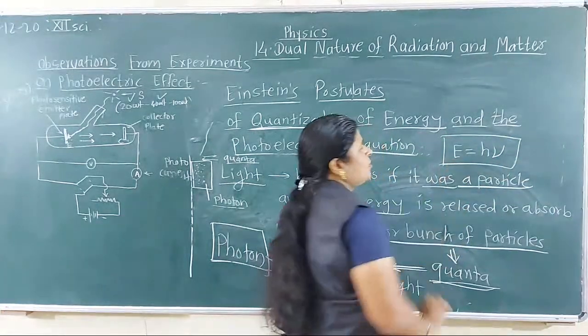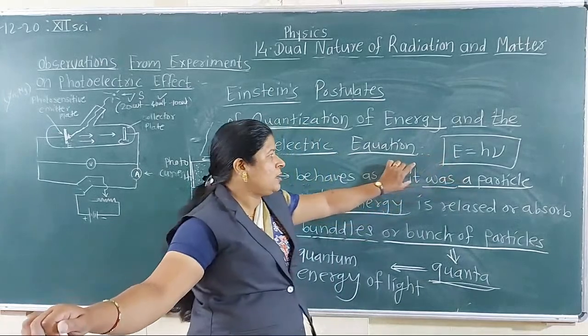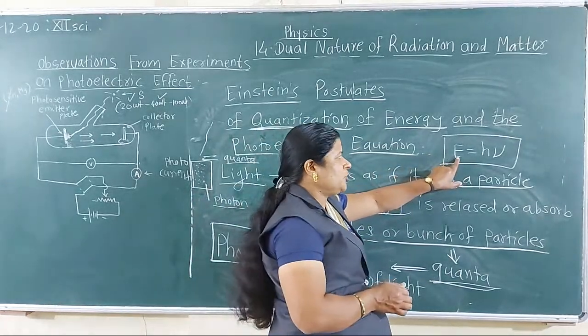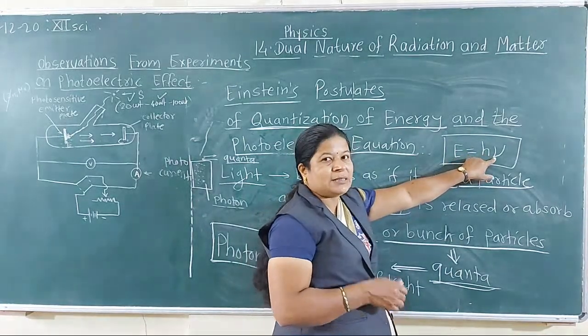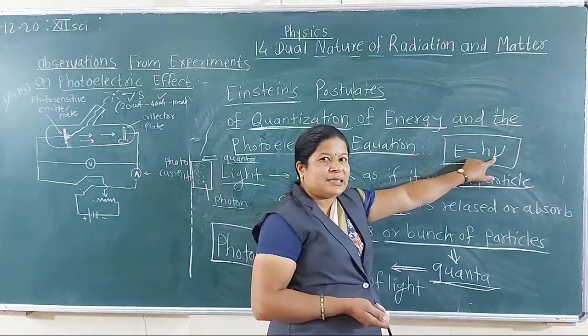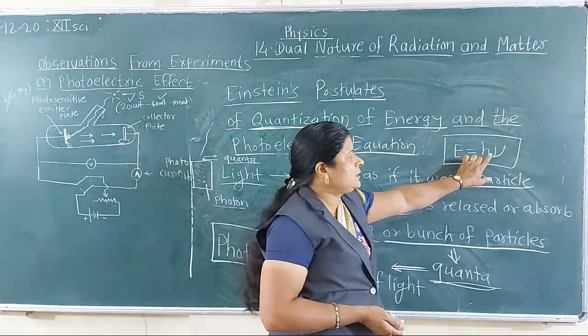E is the energy of the quantum. Nu means the frequency of incident radiation, and h is called Planck's constant.